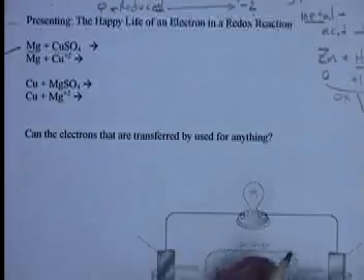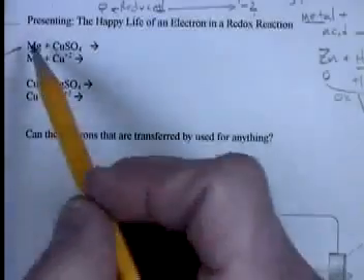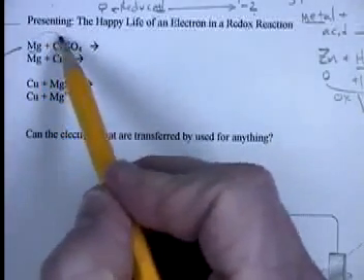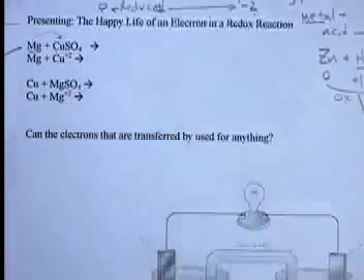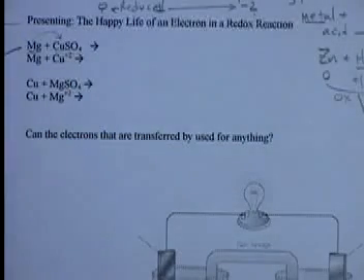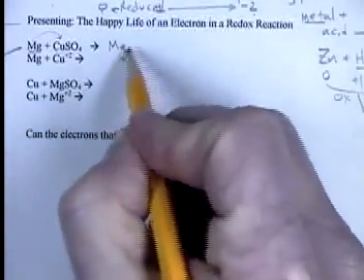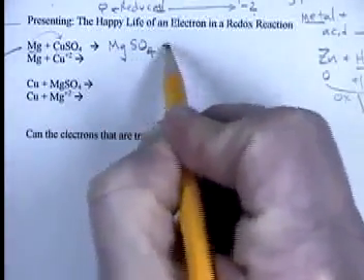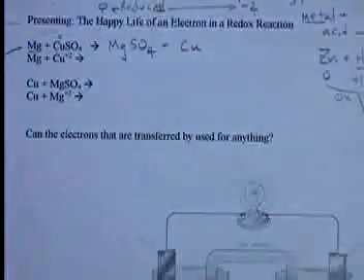We'd expect this magnesium to replace the copper in the solution, and we'd make some magnesium sulfate and some solid copper.